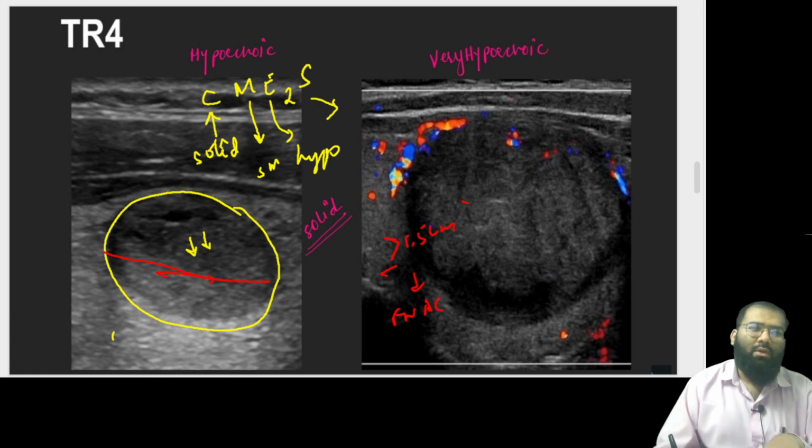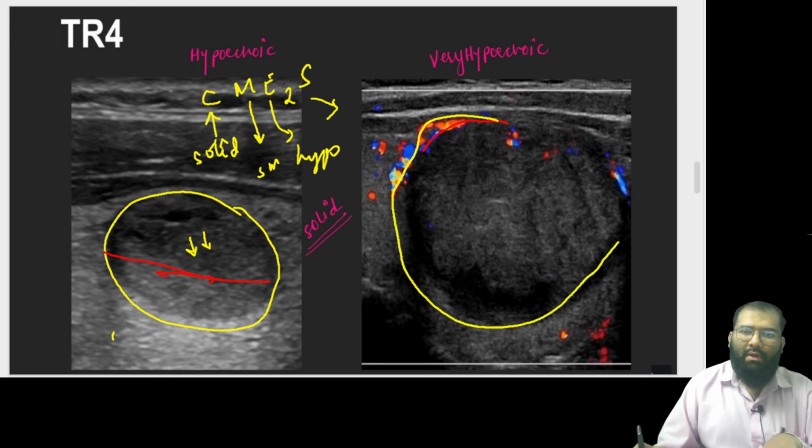Okay. Now look here, this is another example. In this case again you are able to see a well-defined hypoechoic lesion. So you are able to make out this, a very hypoechoic, well-defined lesion, and it is solid.